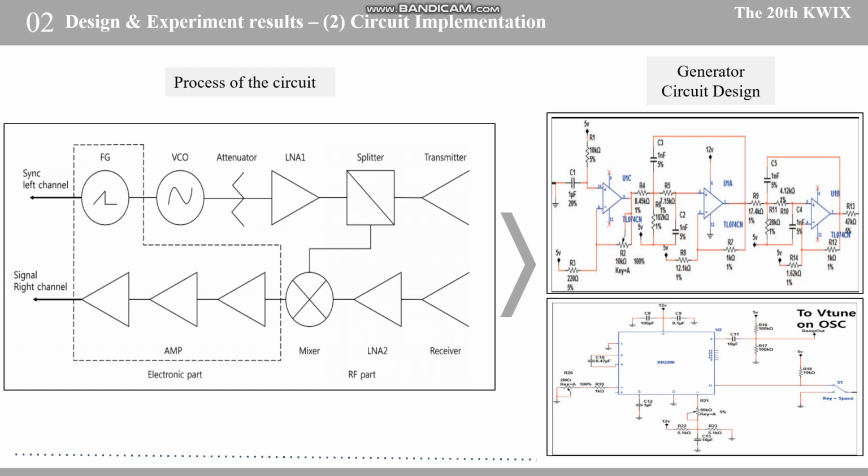It was confirmed that the LNA has a gain of about 15 dB and a VCO output of about 1 dBm. So when amplifying the signal with the LNA, an output of 16 dBm is produced. Using a 3 dB divider, a signal transmission output of 13 dBm could be obtained.